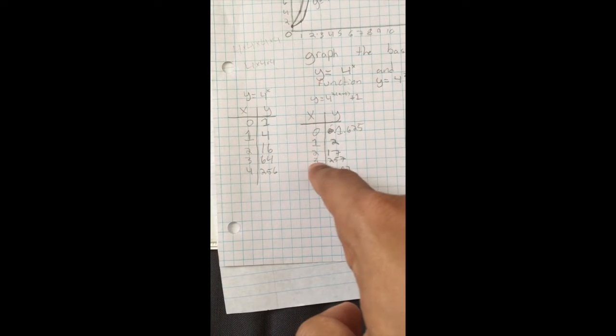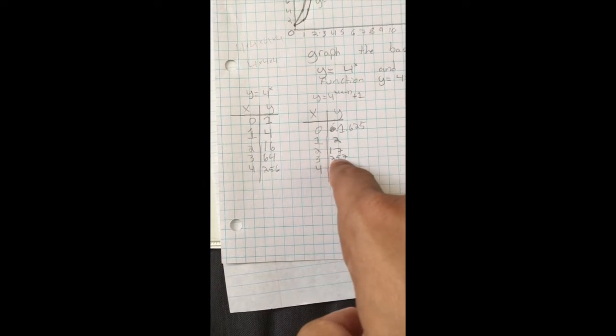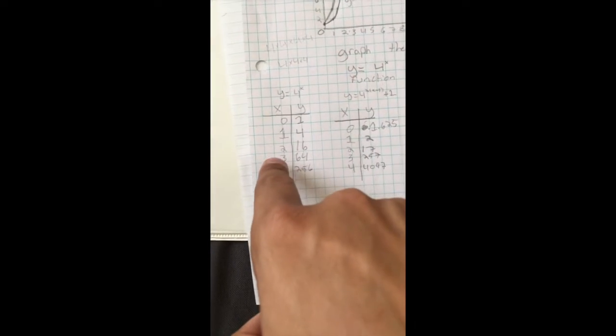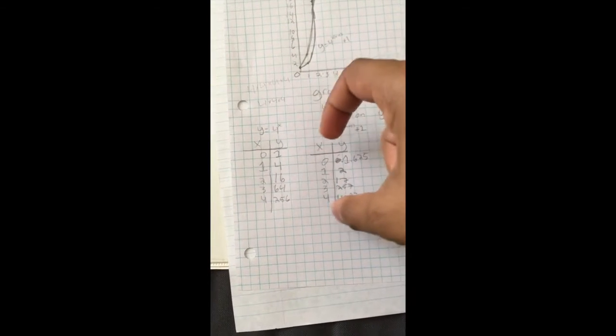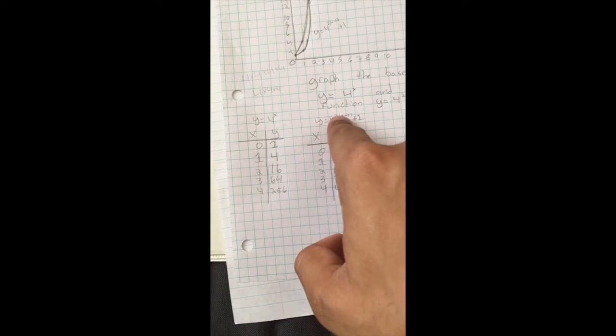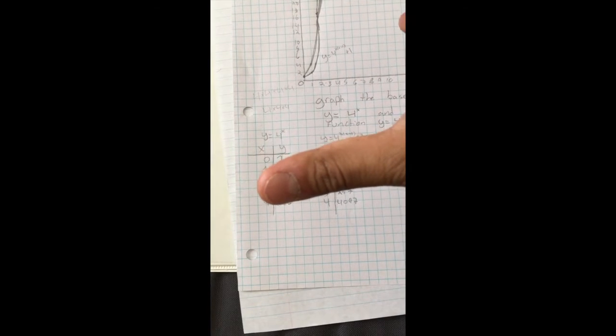Look at here. If x is equal to 3, y is going to equal 257. Over here, if x is equal to 3, y is going to equal 64. So what's happening right now is due to the 2 for the k value, this is all being horizontally compressed.